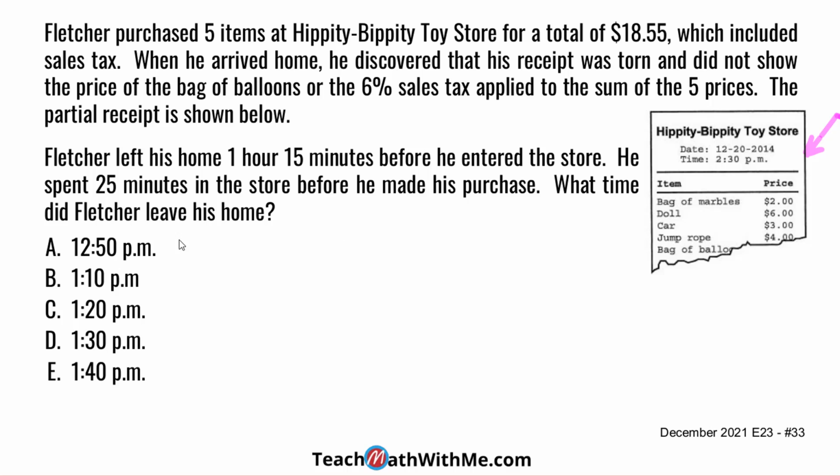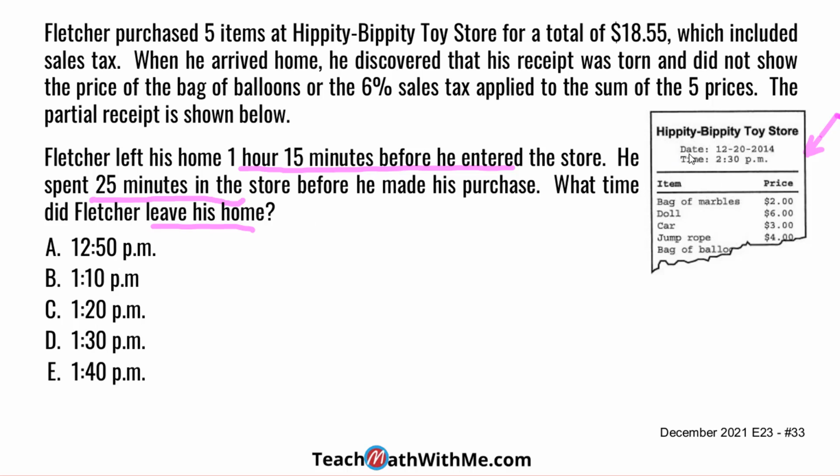We're looking for the time that he leaves his home, and we know that he left his home 1 hour and 15 minutes before he entered the store. So when did he enter the store? Well, we're not 100% sure, but we know he spent 25 minutes in the store before he made his purchase.